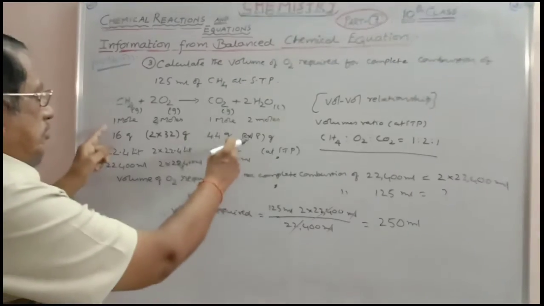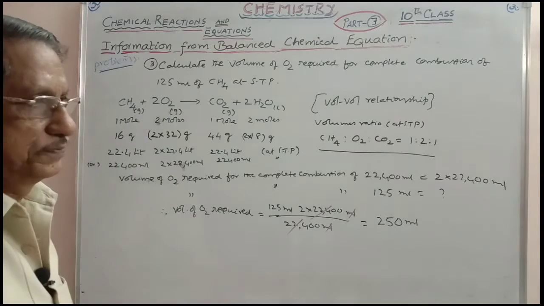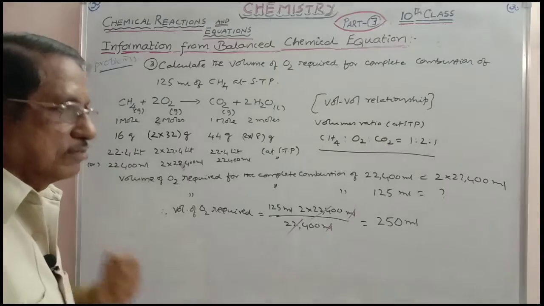Now bring the relation between these two. He is asking the relation between CH4 and O2. So for the complete combustion of methane, 2 volumes of oxygen are required.